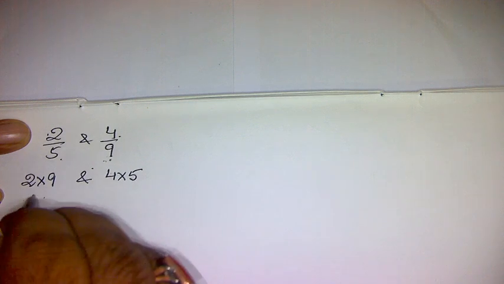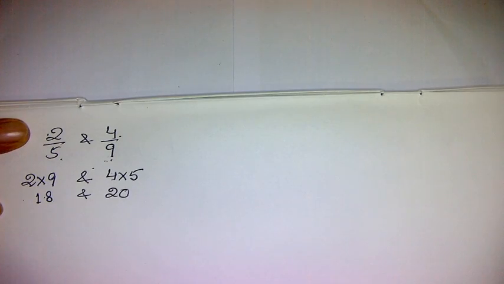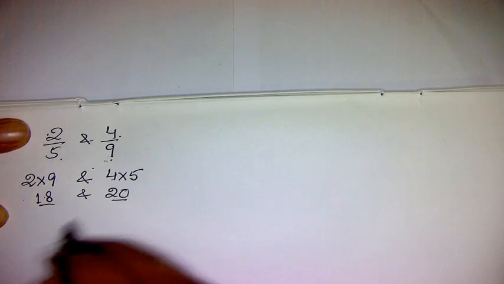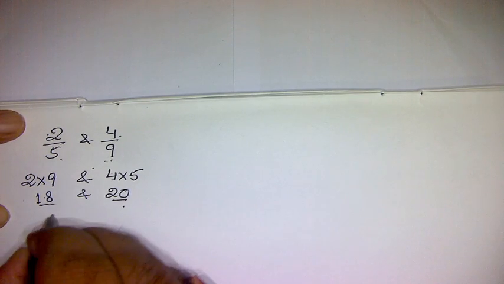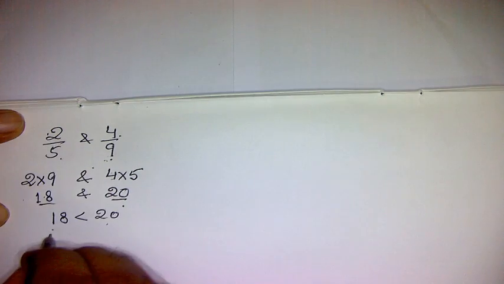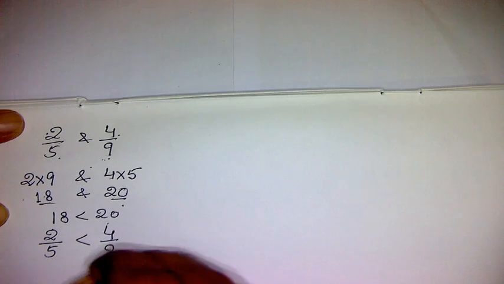So 2 multiply 9 is 18 and 4 multiply 5 is 20. Now out of these two values, 18 and 20, which is greater? 20 is greater. So we can say 18 is less than 20. Now if 18 is less than 20, it means 2 upon 5 is less than 4 upon 9.